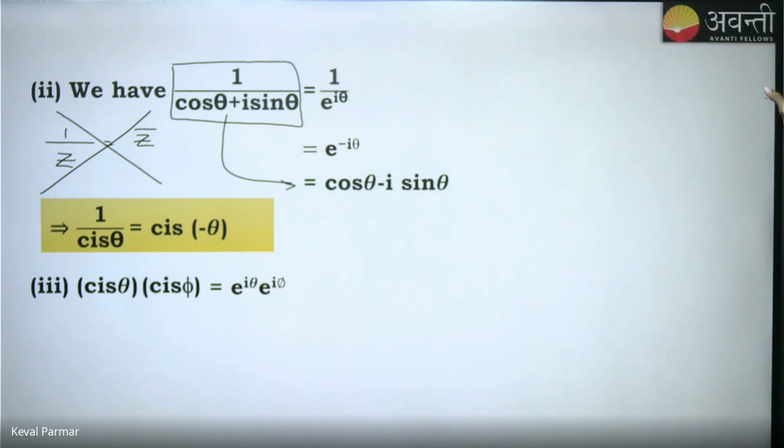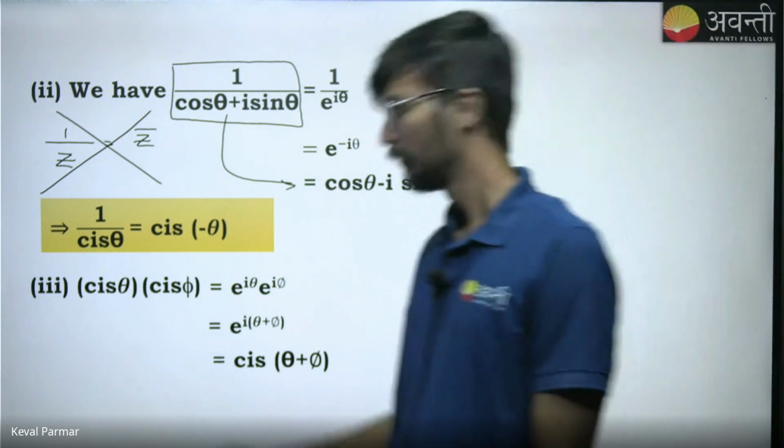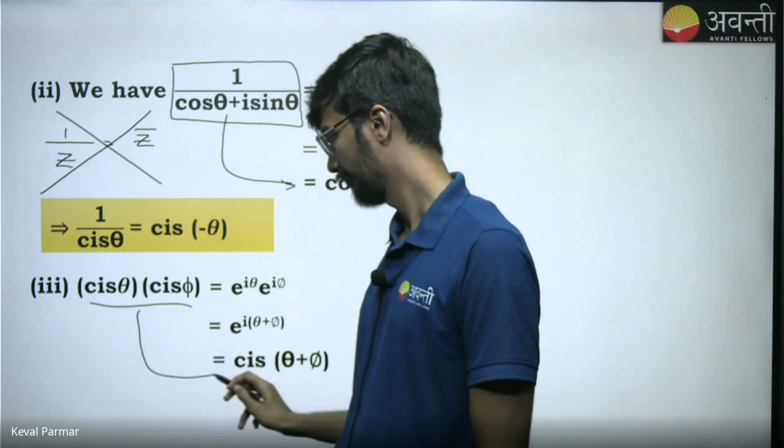If we add these powers, we will have e raised to the power i into theta plus phi, which I can write as cis theta plus phi. That means this can directly be written as this.